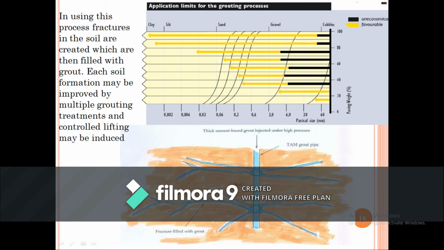So always remember, whenever this grouting technique is being used, the main thing is you need to send this grout mass into that particular element, whether it is soil or concrete or masonry or anything.